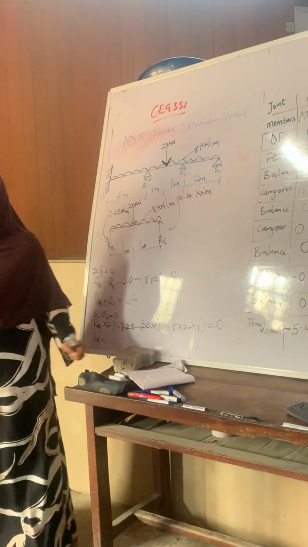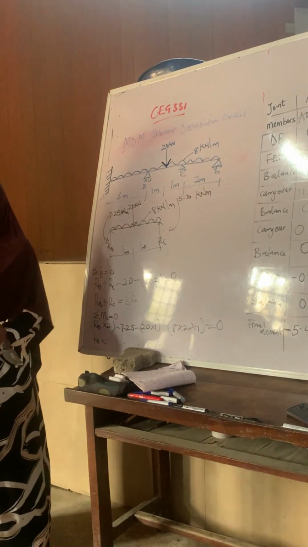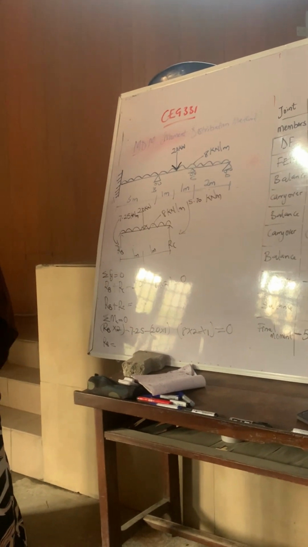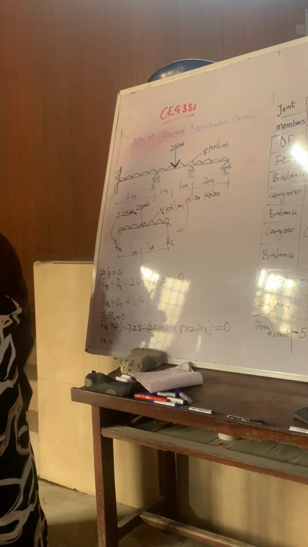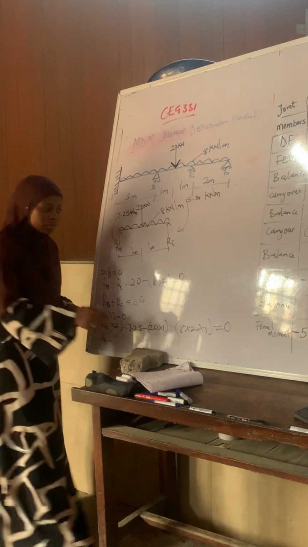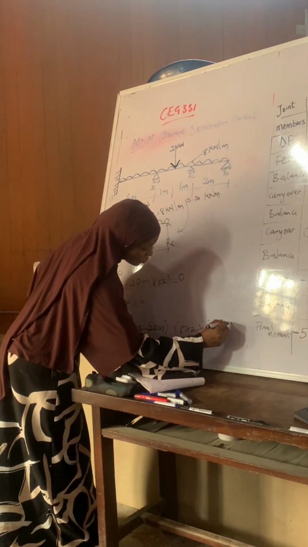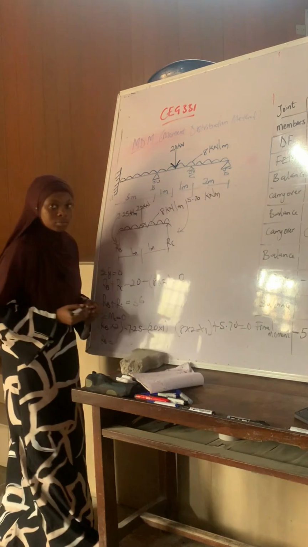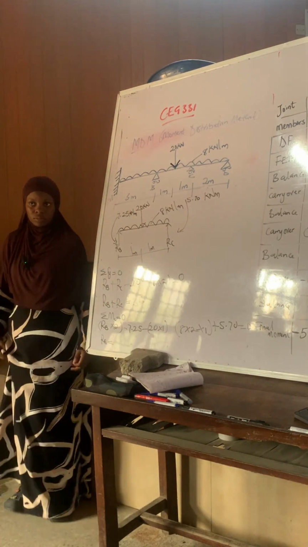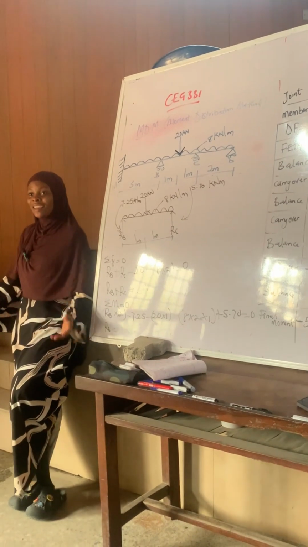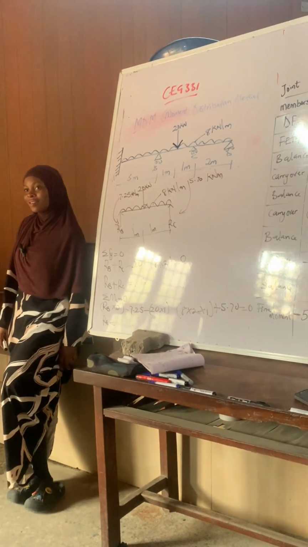Please, someone should calculate this for me. Plus 5.70 equals 0.